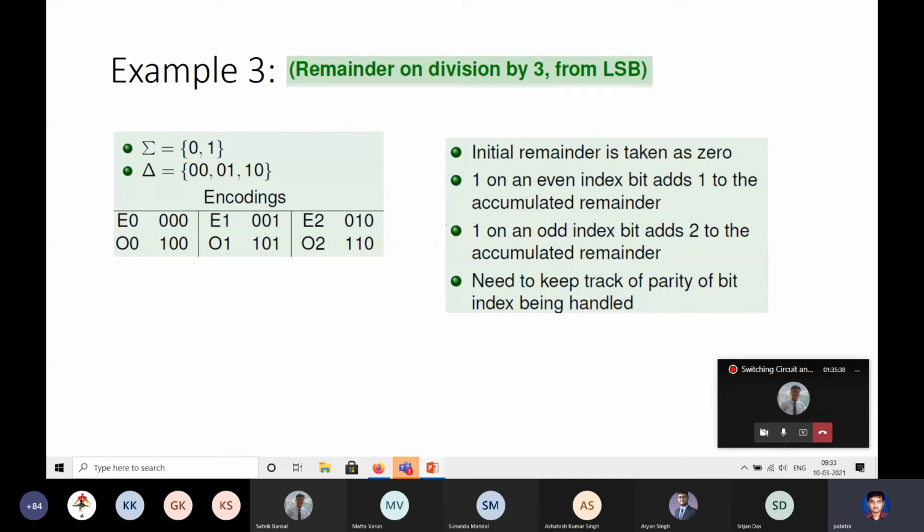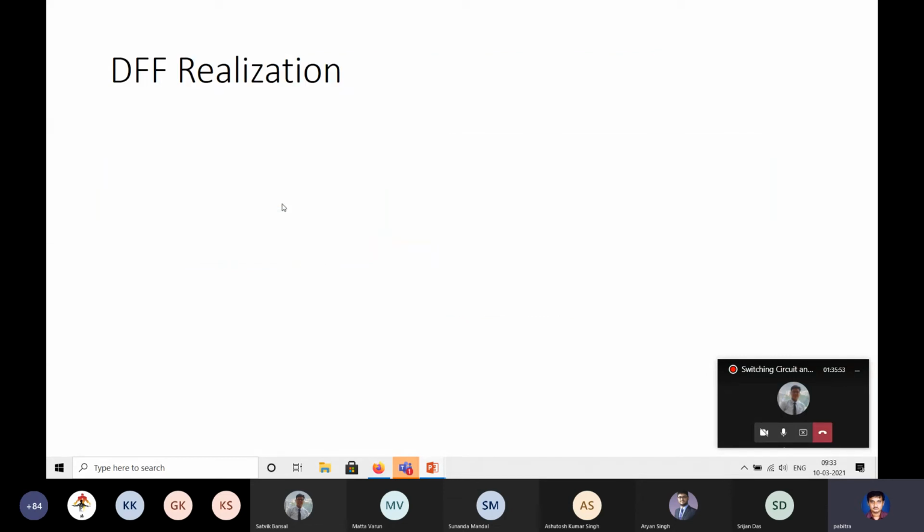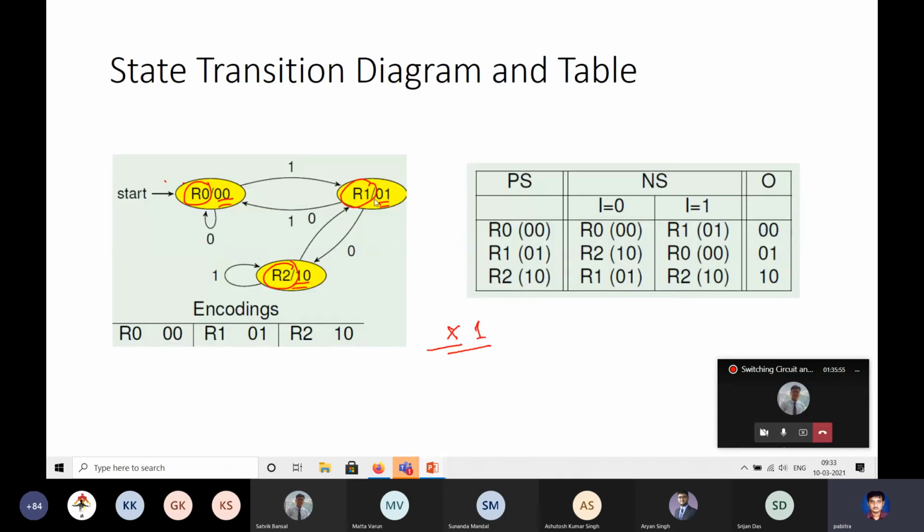Now if you want to find out the modulo division remainder, it's slightly more complicated, because earlier you just have to remember what the current remainder is. If you just remember what the current remainder is, depending on what your next less significant bit is, you can easily find out what the next remainder will be.